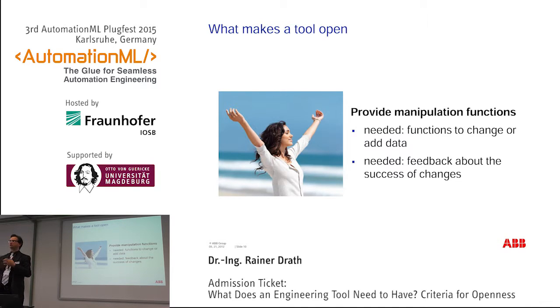Example, when I want to import 20 signals, well, how do we do it today? I import an Excel sheet. But I do not get information about the success. In the worst case, I made a mistake in the Excel sheet and the whole database inside of my engineering tool is then corrupt. This would be the worst case.